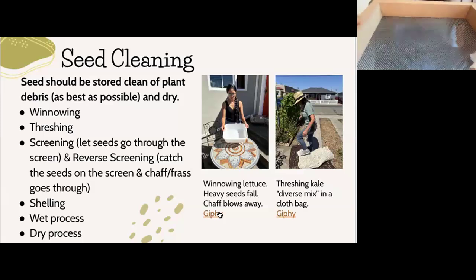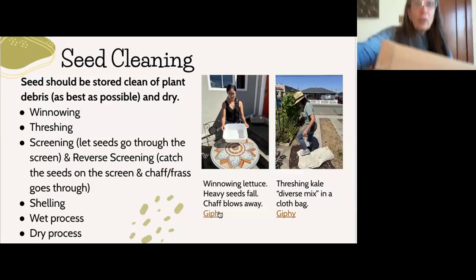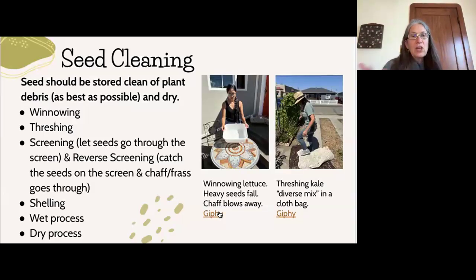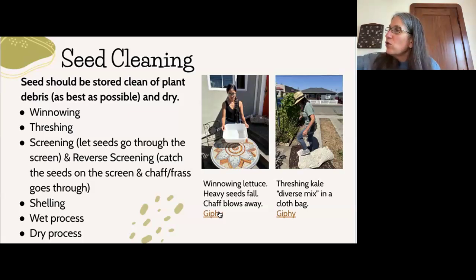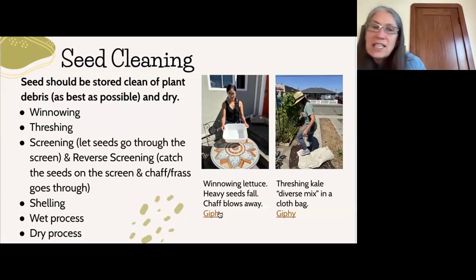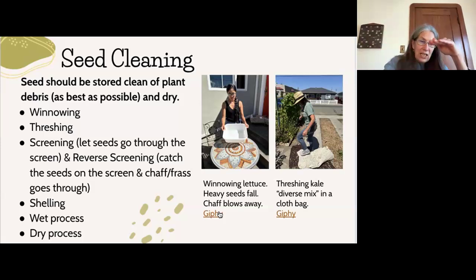There's only a couple little seeds in there, but the other stuff fell through onto my computer. So there's screening where you let the seeds go through and you collect the larger stuff. And then you can also do it the opposite way, where you're collecting the seeds on the screen and the little stuff is going through. So that's another way to clean your seeds up as well.